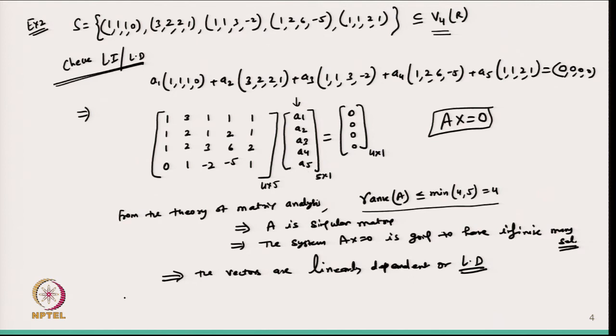So, in this case you can also check the number of free variables, that will be equal to the total number of variables, 5, minus the rank of A. So, suppose the rank of A is coming 4, then still 1 will be the free variable, and that free variable we have to choose, and then we can have infinitely many solutions.